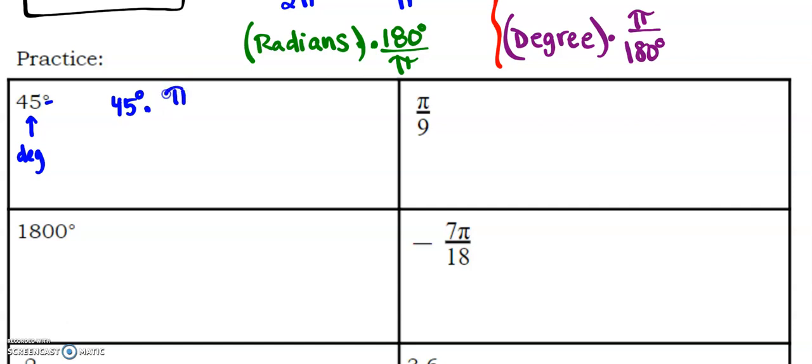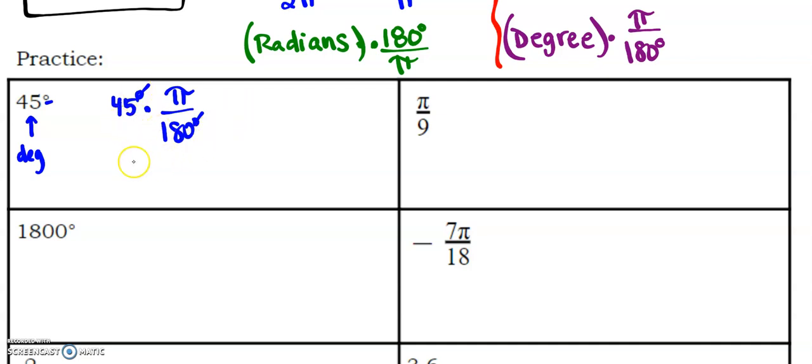I don't necessarily remember both of these things separately. I just remember the fraction, and I want to cancel the degrees out because one's in the top of this fraction and one's in the bottom.